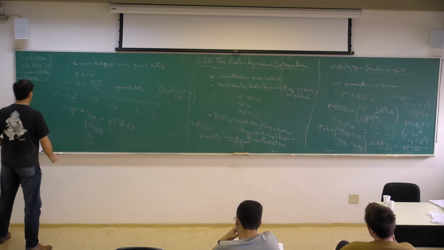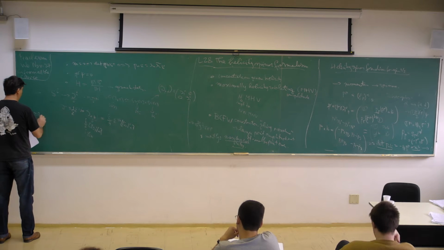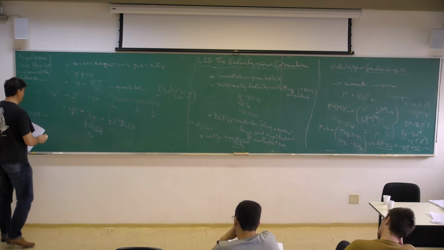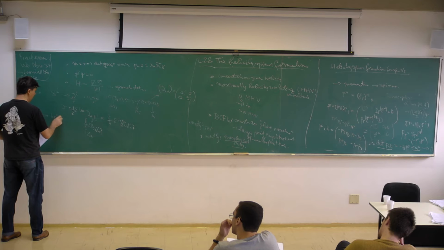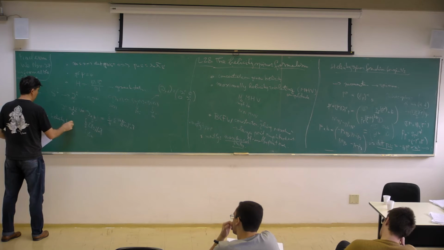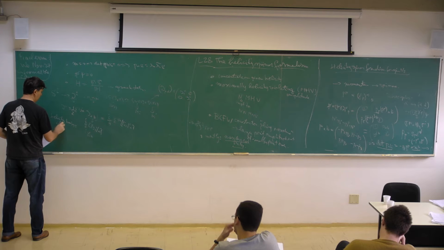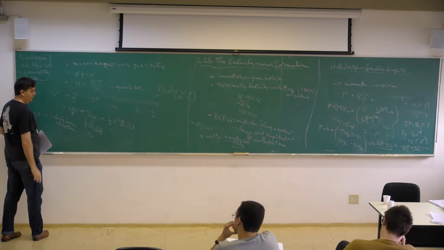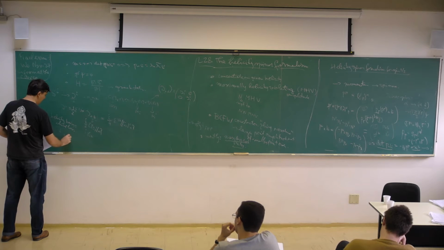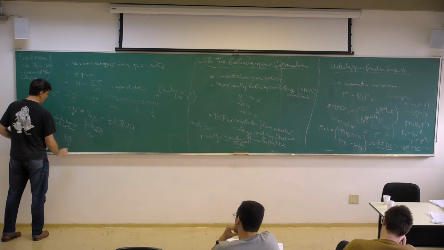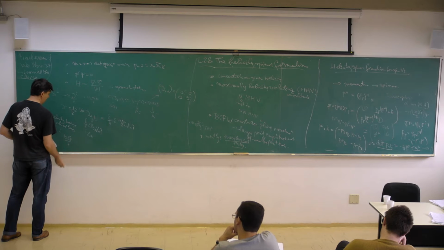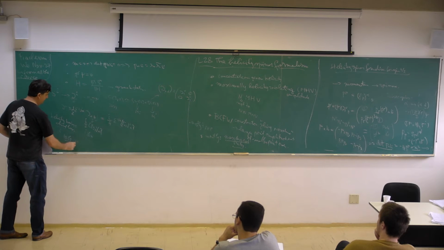Now, in the case of massless spinors, so when m equals 0, the helicity basis turns out to be the same as the chiral basis. The chiral basis, remember, means the states of given eigenvalue of (1 ± γ^5)/2, what we call left and right spinors.